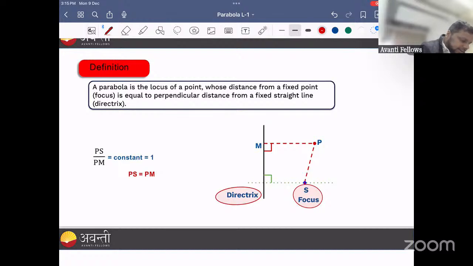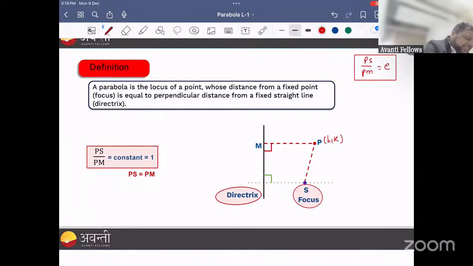Am I correct? Now, if this is that moving point P(h, k), so the locus is what? PS upon PM is equal to a constant, or PS equals PM. In this case, generally PS upon PM is equal to e. Basically, a parabola is a conic. So a conic section is the locus of a point which is moving in such a way that the ratio of its distance from a fixed point to a fixed line is always constant.